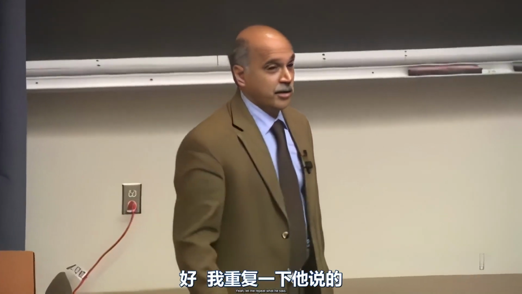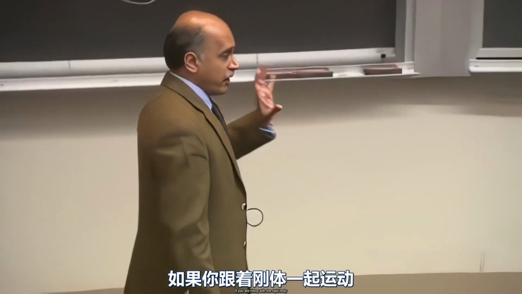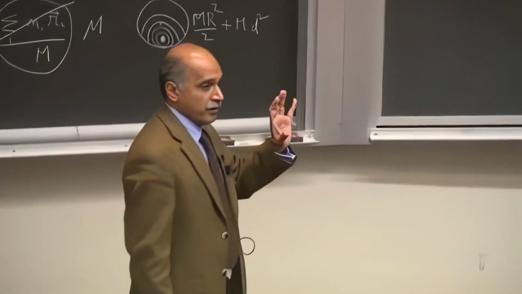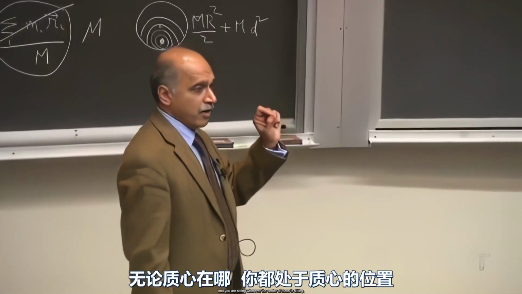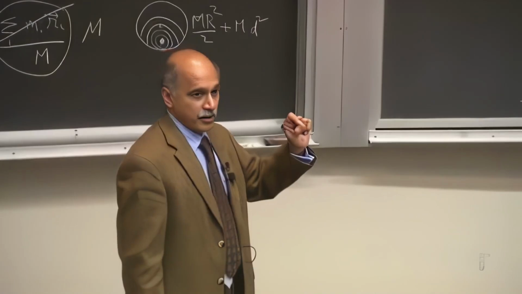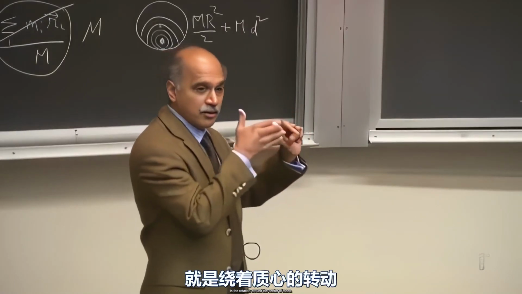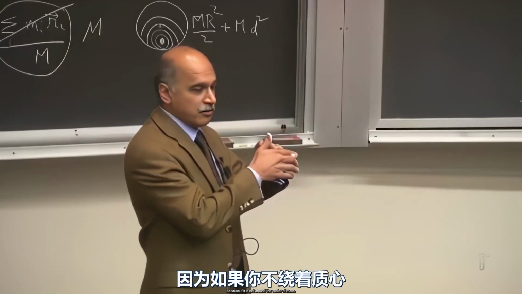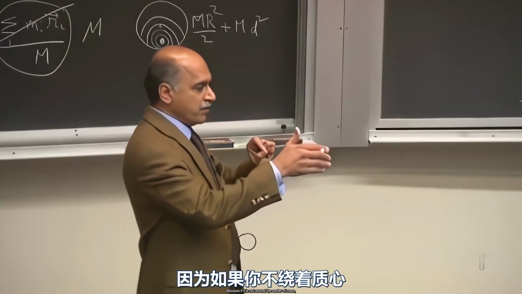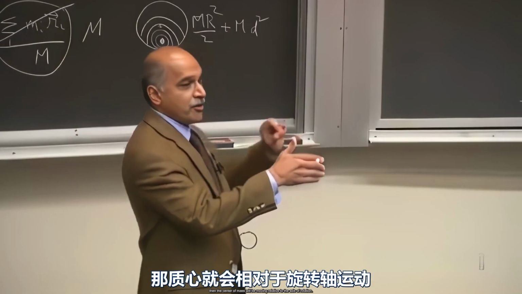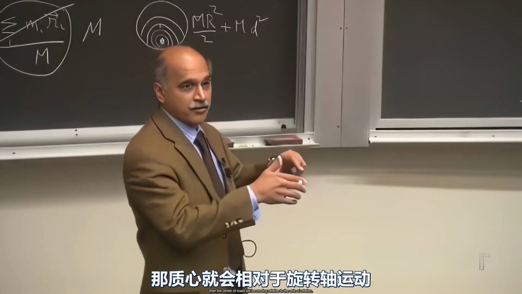Let me repeat what he said. If you're riding with a rigid body and you're sitting wherever the center of mass is sitting, then the only motion allowed for you is a rotation around the center of mass. Because if it is not around the center of mass, then the center of mass will be moving relative to the axis of rotation.